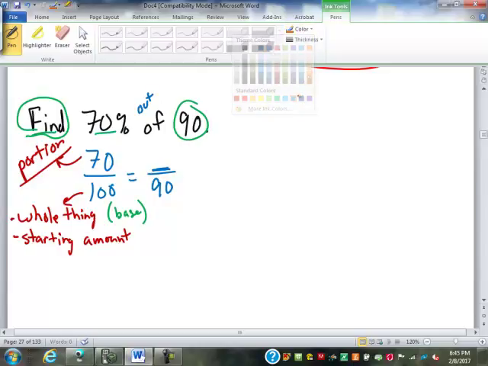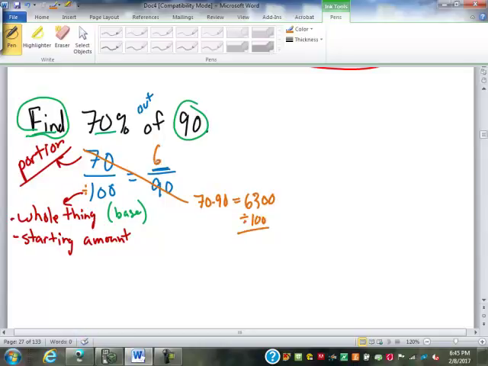Now that we have it like this, how do we find the missing number? We cross multiply. 70 times 90 is 6,300. And we divide by the 100. It'll be 63. So 63 out of 90, 63 is 70% of 90.